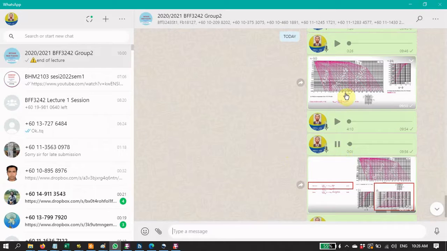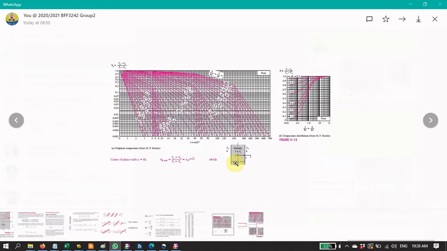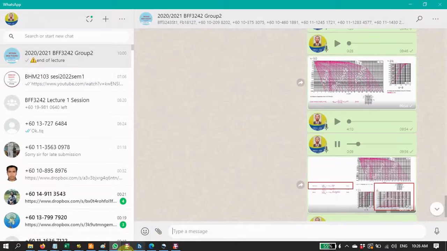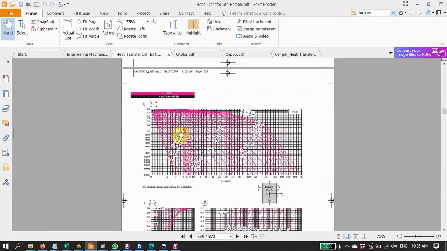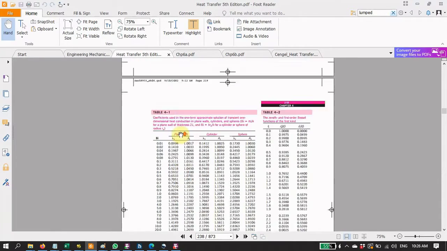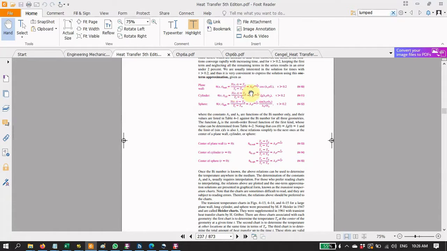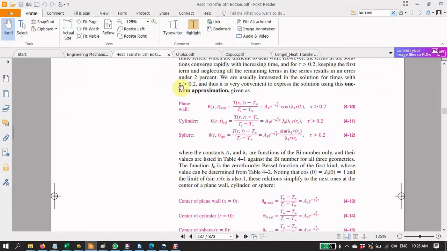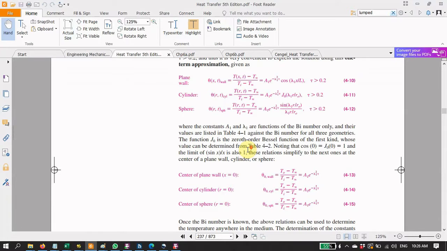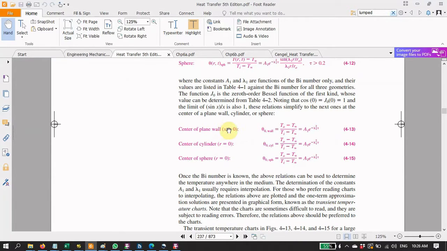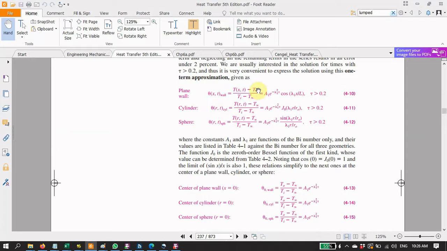This fifth edition book that I gave you as a reference does not really include all the information. For example, it does not include the solution of this Fourier equation, or how you can relate the mid-plane dimensionless temperature with the dimensionless temperature at any location theta, right?